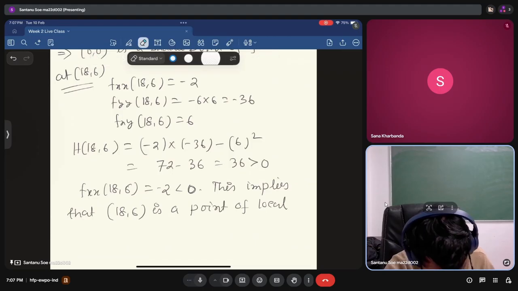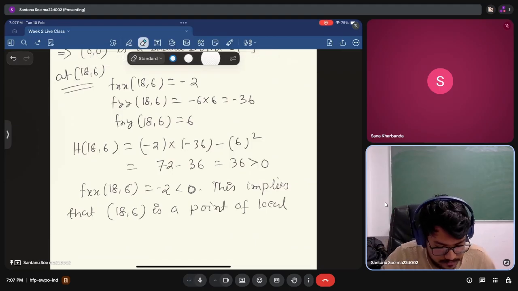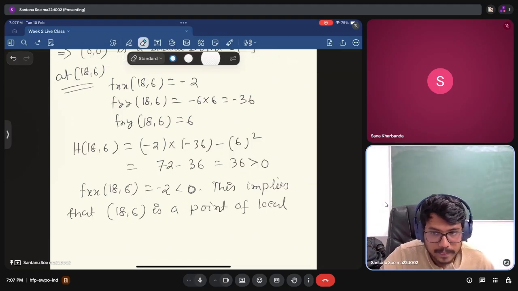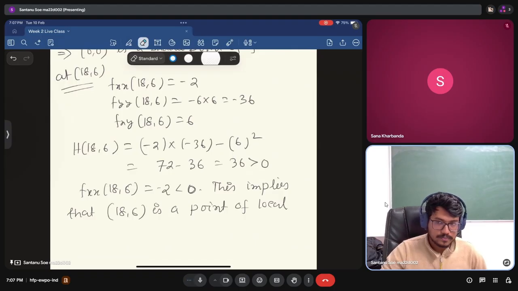local. So is it minima or maxima? Any guess? So it will be a point of local maxima or local minima.